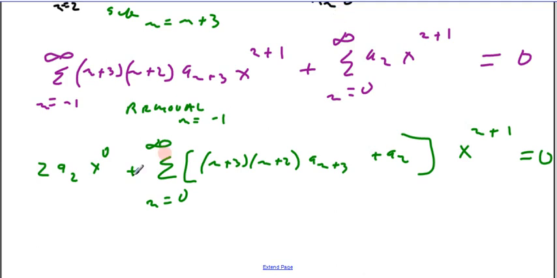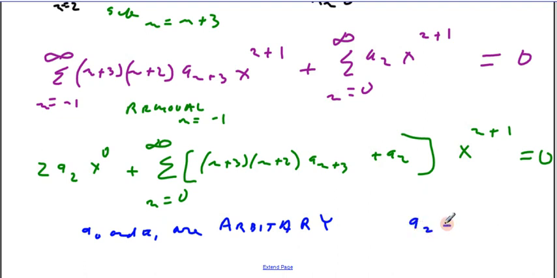Okay. Well, a0 and a1 are arbitrary because I don't know what they are. And a2 has to be 0. Why does a2 have to be 0? Because 2a2 has to be 0. So a2 has to be 0.